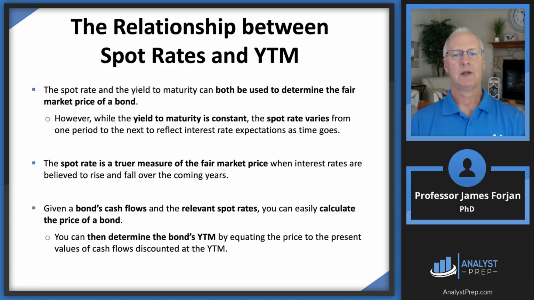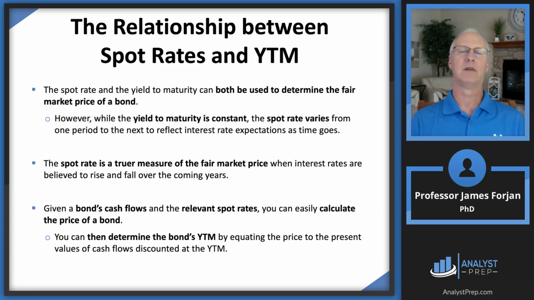Now let's go ahead and see about this relationship between this yield to maturity, which we just talked about a few moments ago, and relate that to all of our discussions on the spot rate in the previous chapter. Now here's the big difference between the two. Although both of them can be used to determine the fair market price of a bond, that yield to maturity is constant.